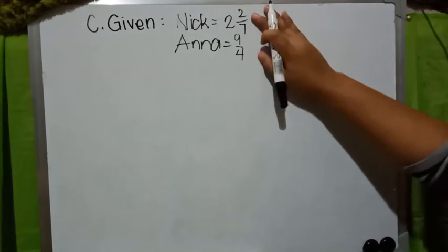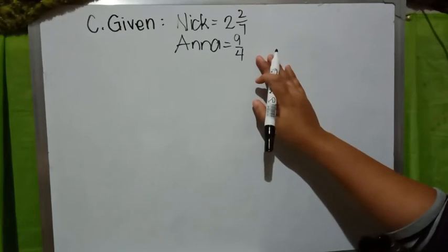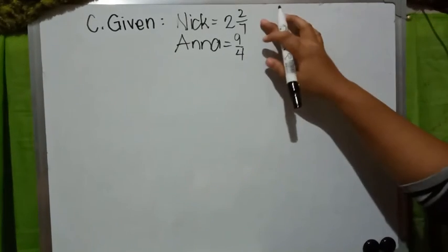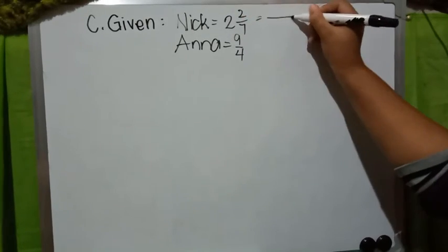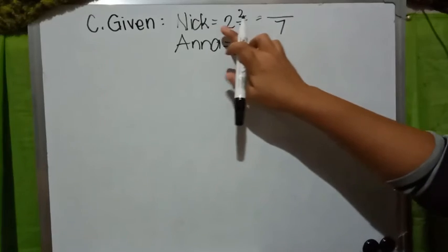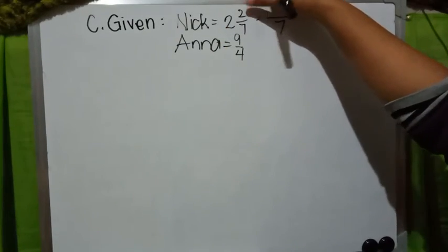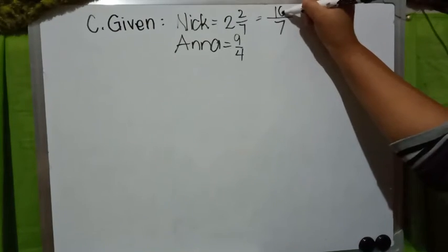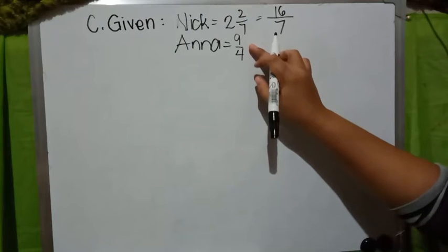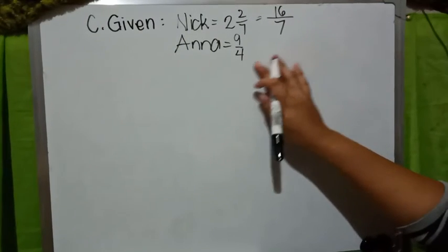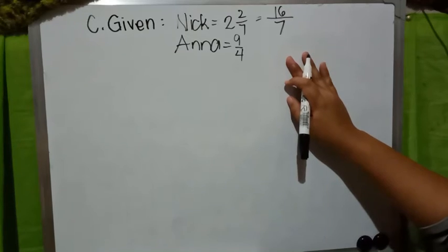Not yet, because we have a mixed number and an improper fraction. So we need first to convert our mixed number into an improper fraction. So 7 times 2, that is 14. Plus 2, it's 16. So we have 16/7 and 9/4. Can we identify which has a smaller time of running around the same park?